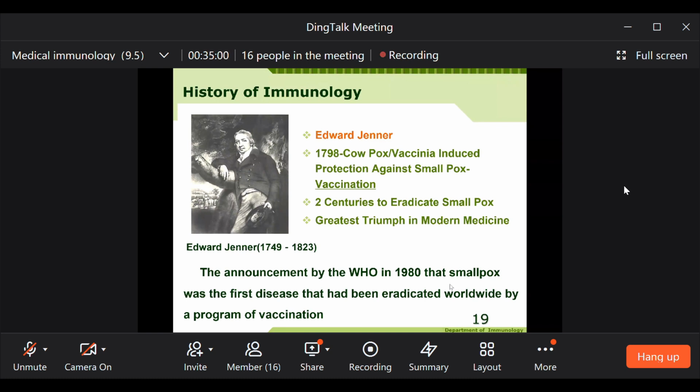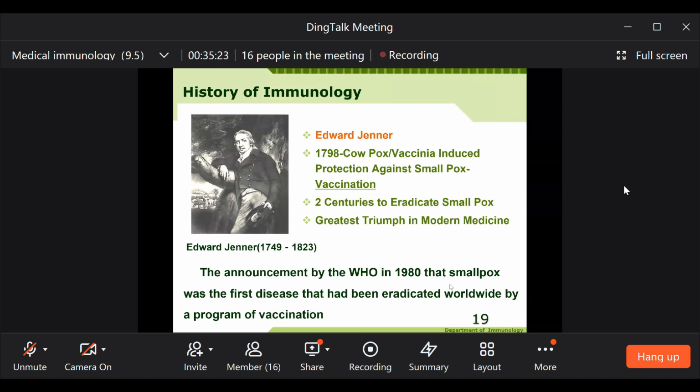So the idea is Jenner's proposal. The cow has the disease cowpox, and after infection, it shows symptoms similar to those of a human infected with smallpox, but with low mortality.